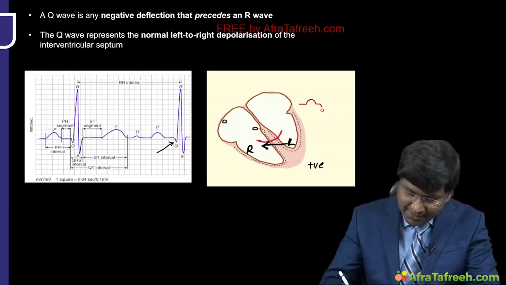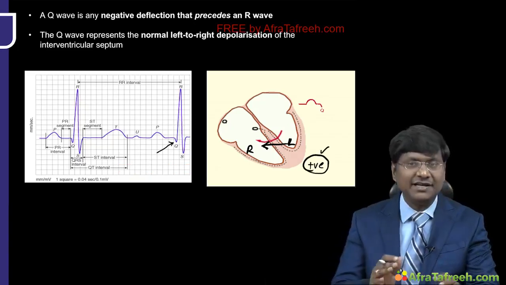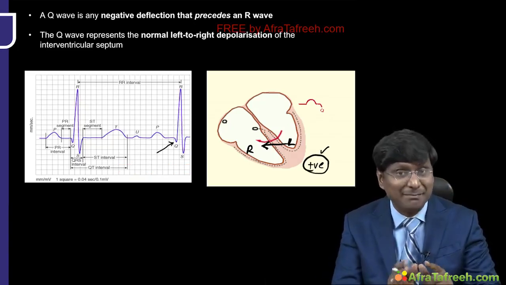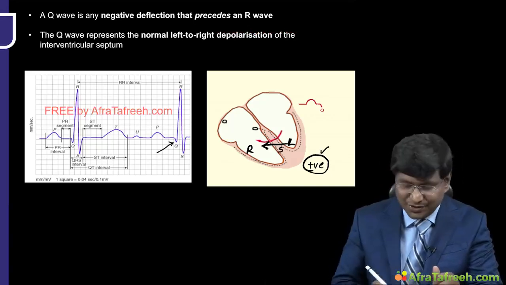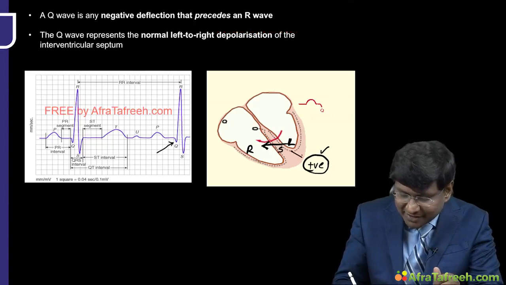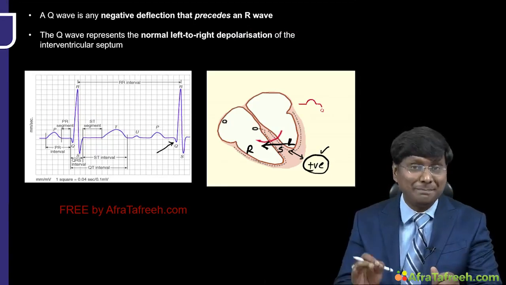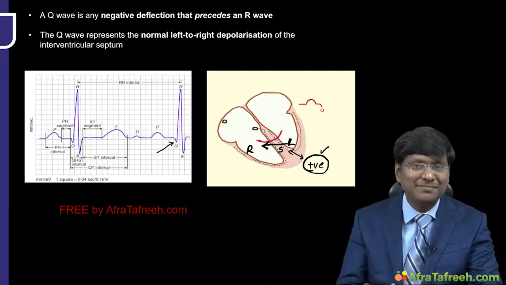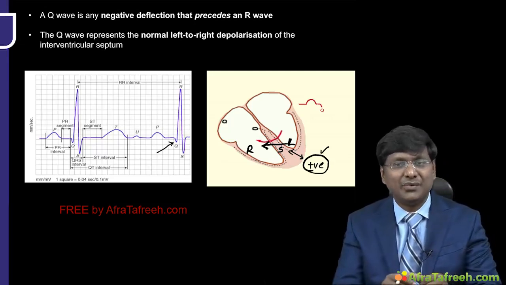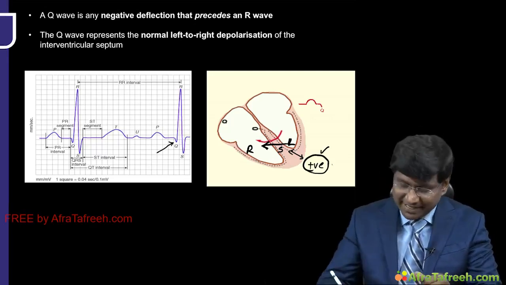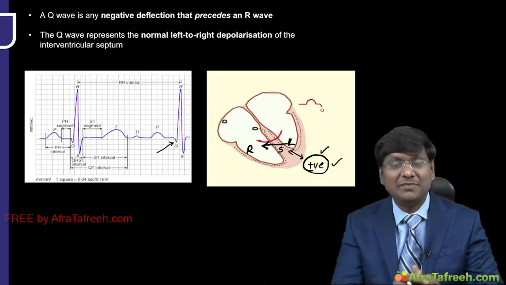This electrode has to pick up the electrical activity of the septum, but between the septum and the electrode you have a thick myocardium. So the electrical activity has to be picked up from the septum through the ventricular myocardium by the electrode. That is the reason why the Q wave is very small.